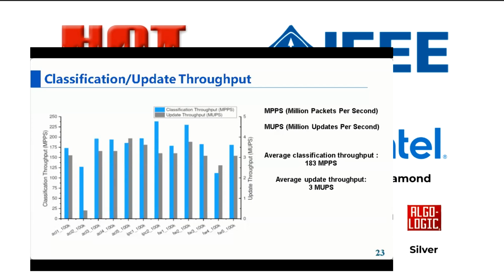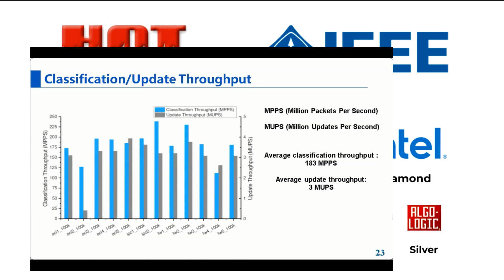The classification throughput distributes between 100 and 250 Mbps, with an average value of 183 Mbps. Among them, the performance of the rule sets for ACL2 and FW4 lags far behind other rule sets, mainly due to the bottleneck effect caused by the excessive number of trees they generate.